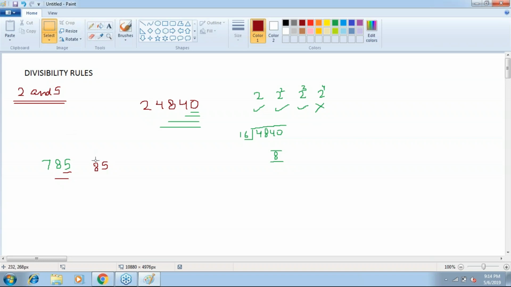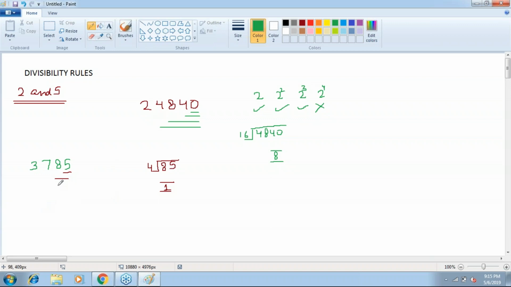When you divide by 4, there could be 4 remainders: 0, 1, 2, 3. How to decide? You just divide the last two digits by 4. Whatever remainder you get, that will be the remainder when you divide the entire number by 4. So whatever remainder 85 gives when divided by 4, the entire number 785 or say 3785, whatever it be, will also give you a remainder of 1 when divided by 4.